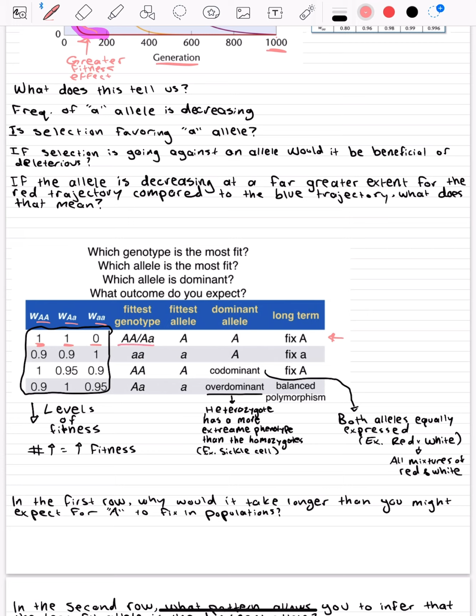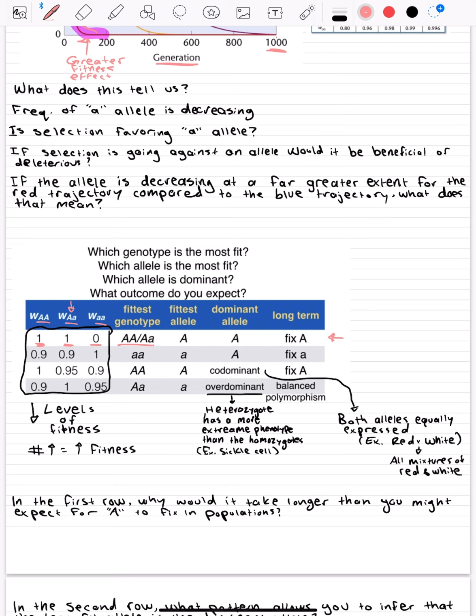The fittest allele would be the dominant allele, the big A allele, since whenever an individual has that allele, they have the highest fitness. The dominant allele is big A, since the heterozygous has the same fitness as the homozygous dominant, and the homozygous recessive individual has a fitness of 0.